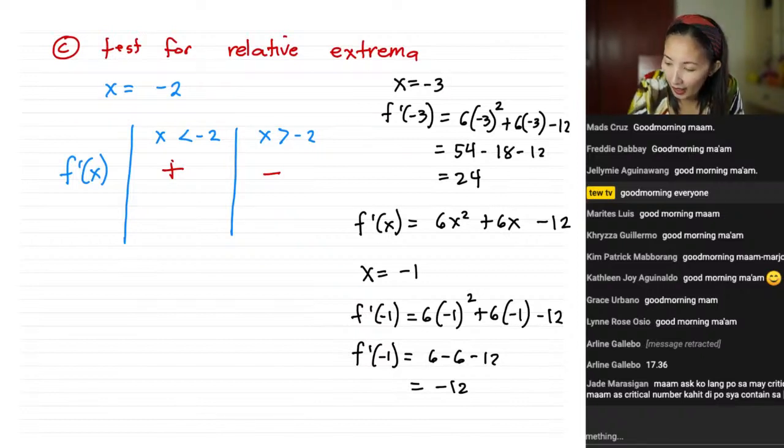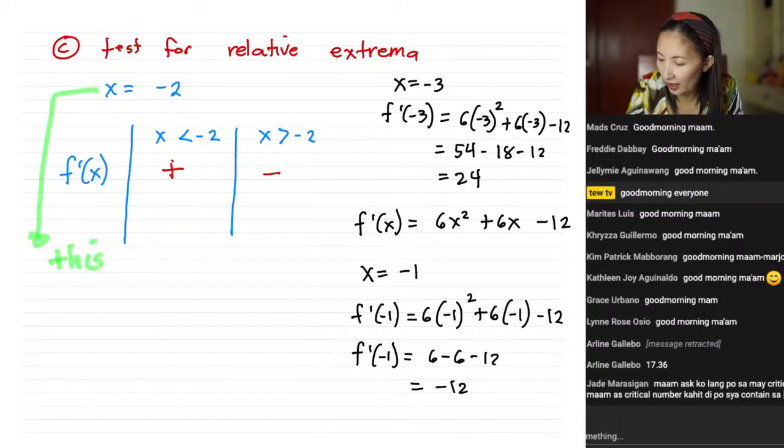Let me write, now it's not very visible, so let me use another color.